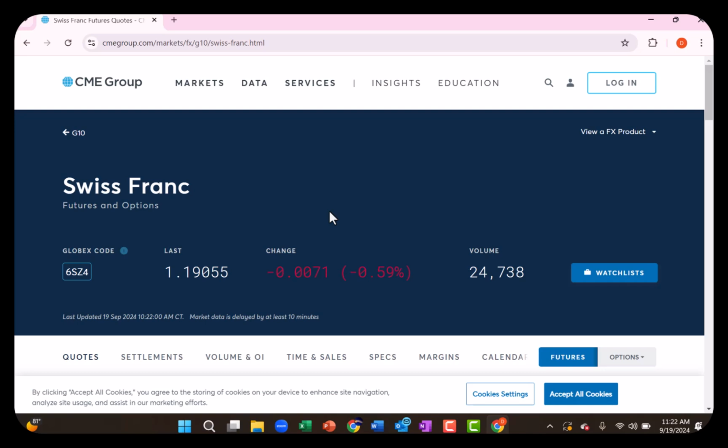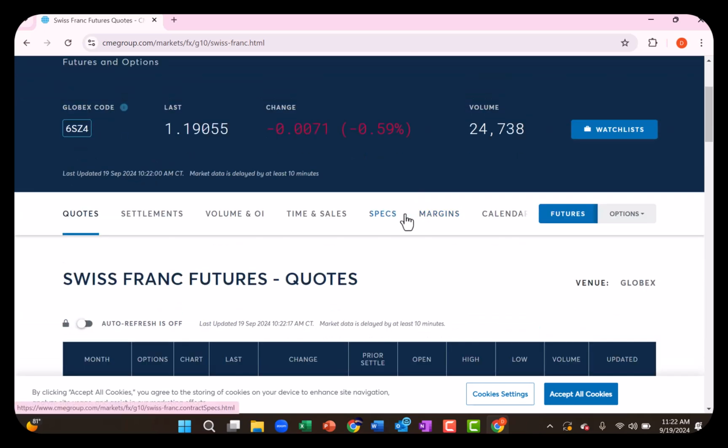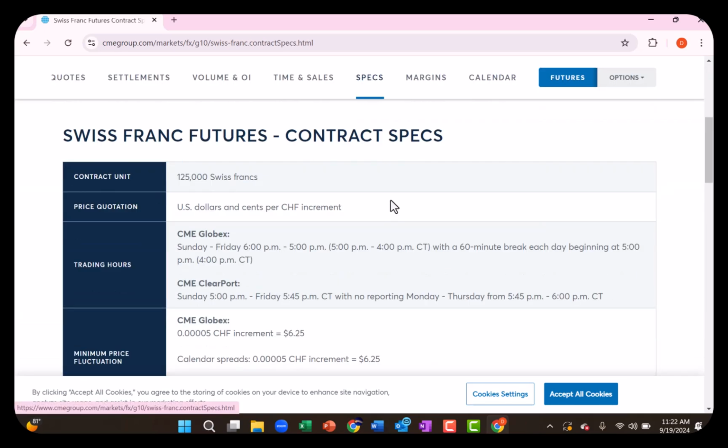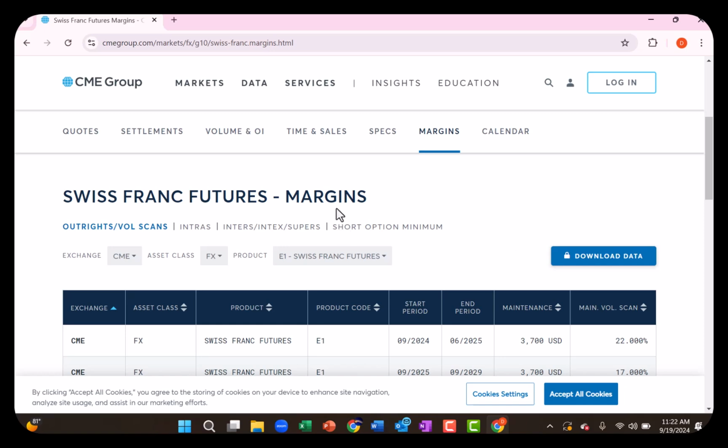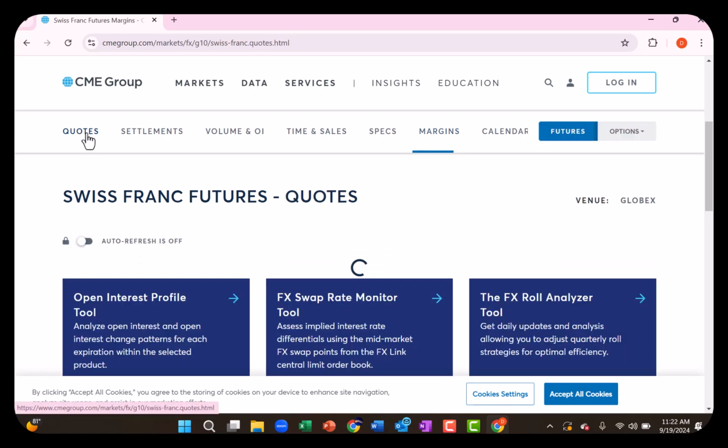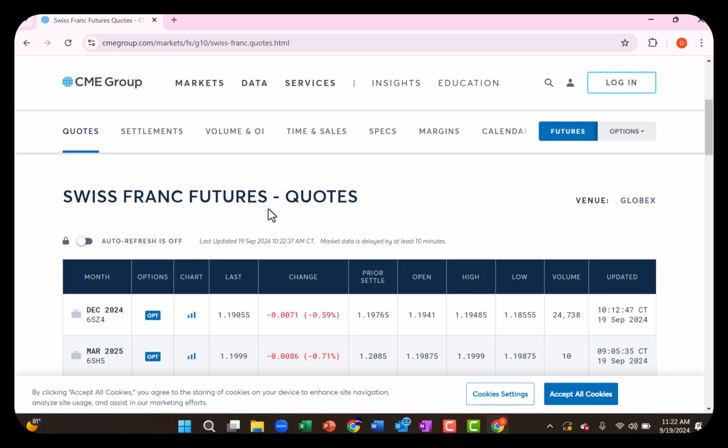I shouldn't even have to make an argument that the Swiss franc is probably not as volatile as NOK. The contract size is 125,000 Swiss francs. Margin per contract is 3,700, and the current quote is 1 Swiss franc buys you 1.19055 US dollars.